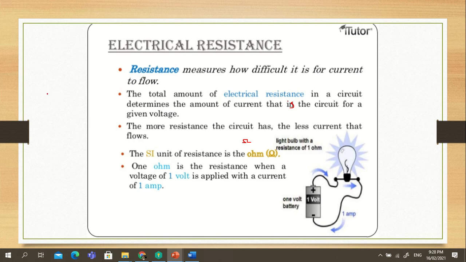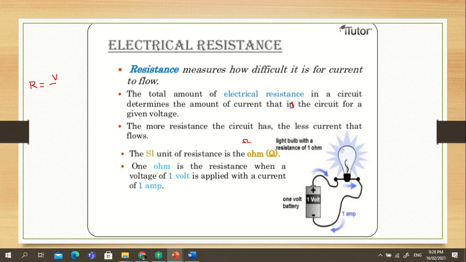So 1 ohm means the resistance when a voltage of 1 volt is applied with a current of 1 ampere.